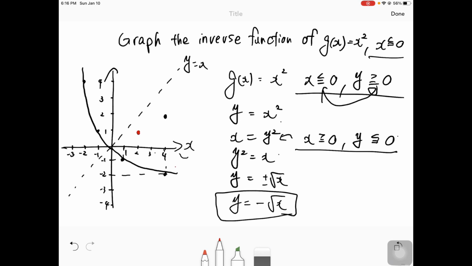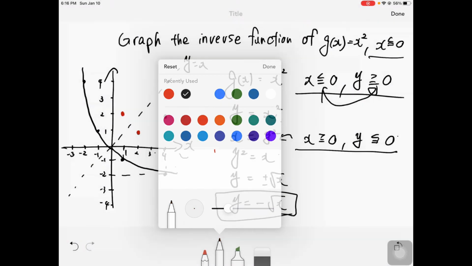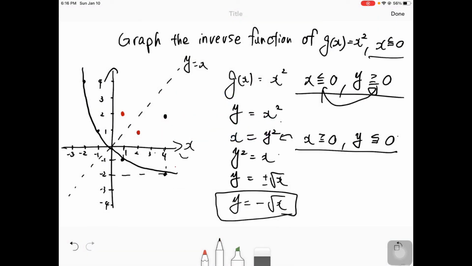So here it's (2, 1), so you switch the x value with the y value. It's going to be (1, 2) for the inverse function. And the other one has (4, 2) in f of x, so it's going to be (2, 4) in f inverse of x.